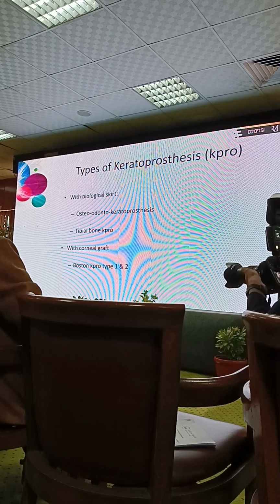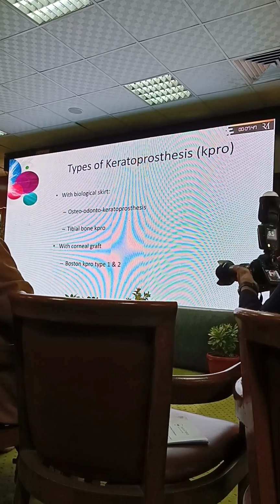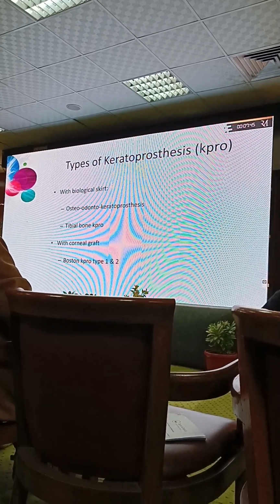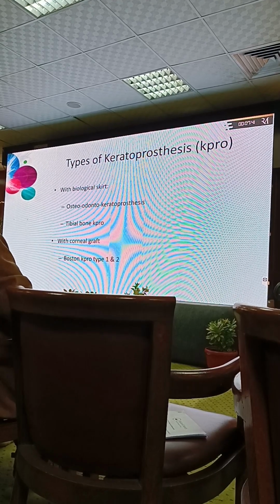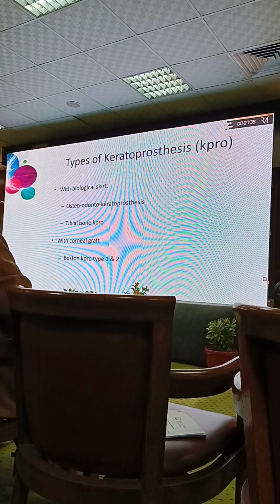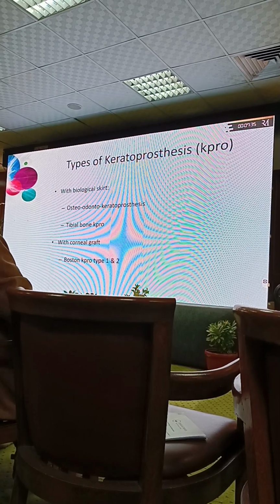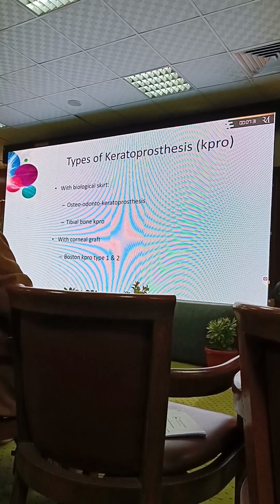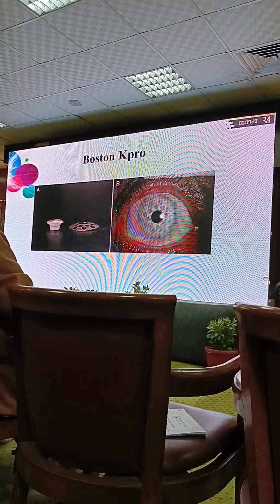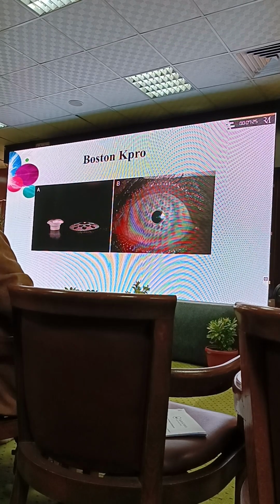If you use the corneal graft as a skirt, this is the famous Boston keratoprosthesis type 1 and type 2. Otherwise, you can use the bone as a skirt, or the osteo-odonto or the dental lamina as a skirt, which is the osteo-odonto keratoprosthesis.